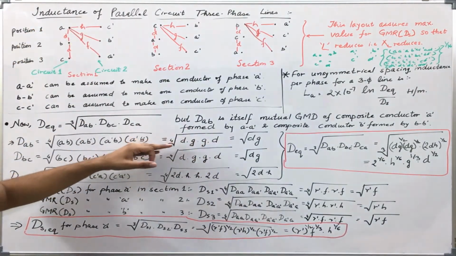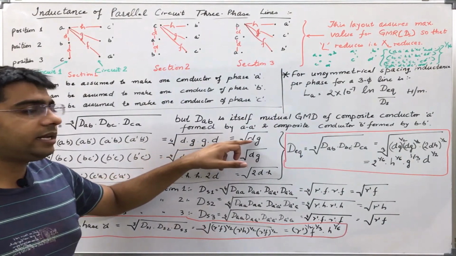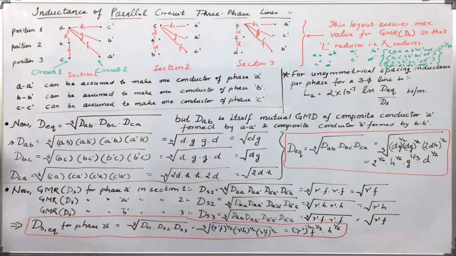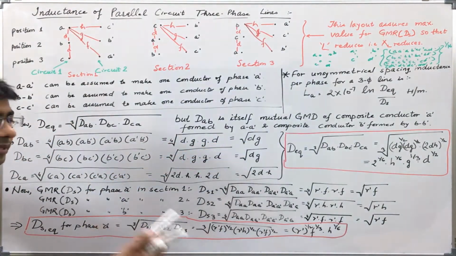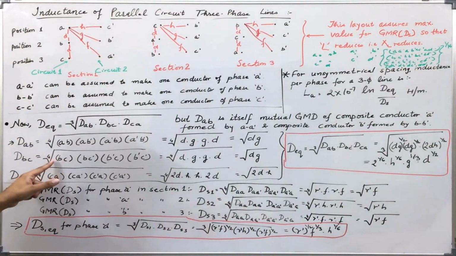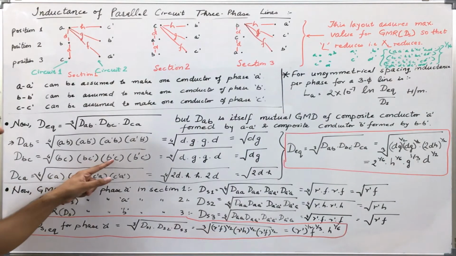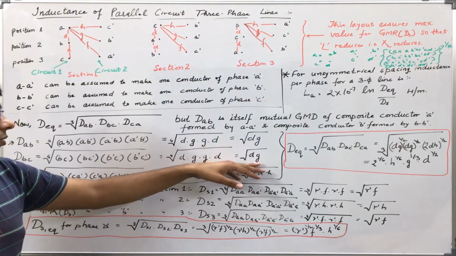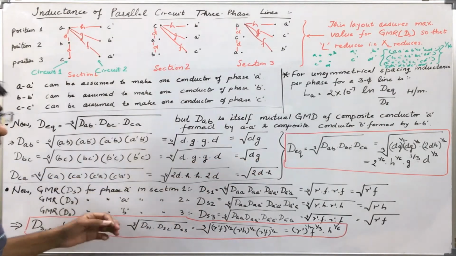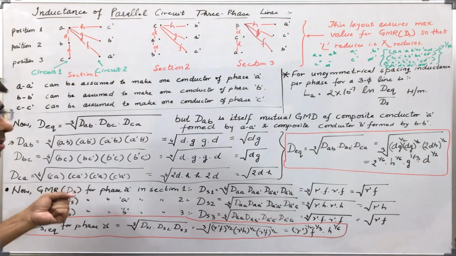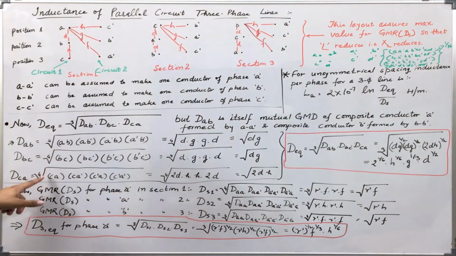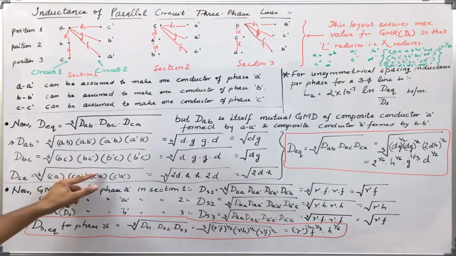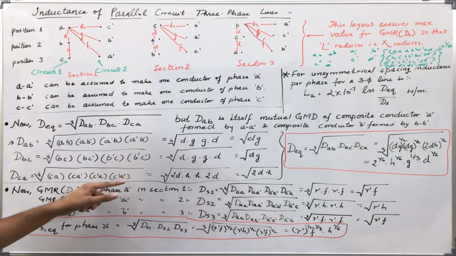So the resultant will be under root of DG. Similarly, if I want to calculate DBC, it will be 1/4 power of BC, BC dash, B dash C, B dash C dash. It will come out to be under root of DG. Similarly, DCA can be calculated as 1/4 power of CA, CA dash, C dash A, C dash A dash.